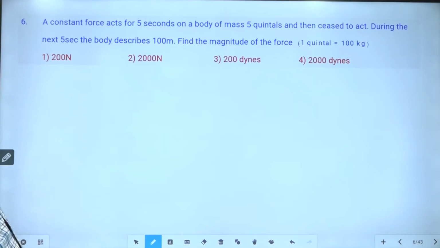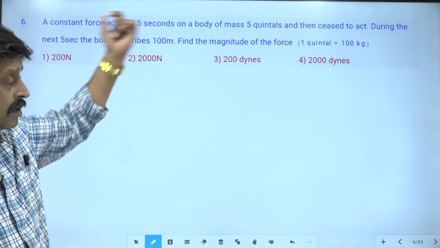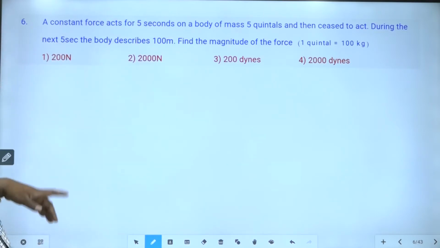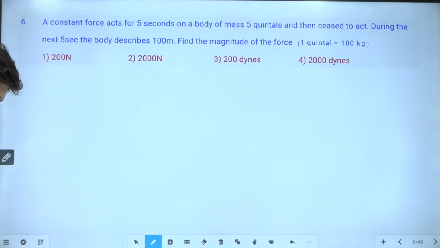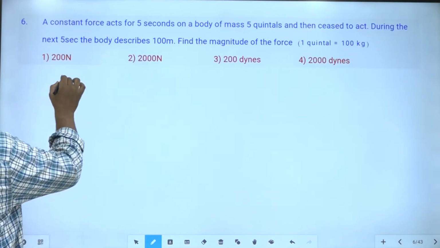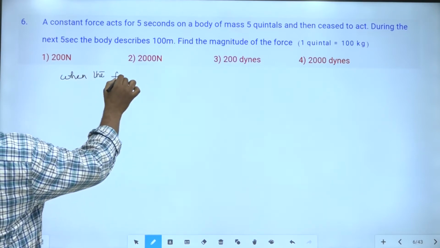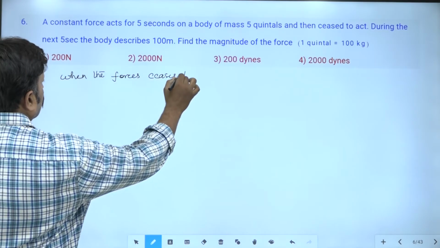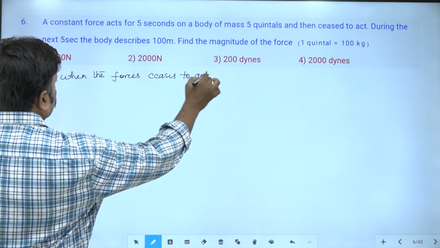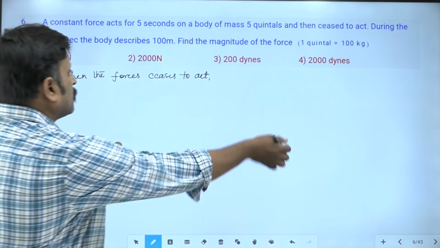Okay. What he is saying is, a constant force is acting for 5 seconds on a body of mass 5 quintals and then ceases to act. That means the force has stopped acting. Here, what happens when the force ceases to act?